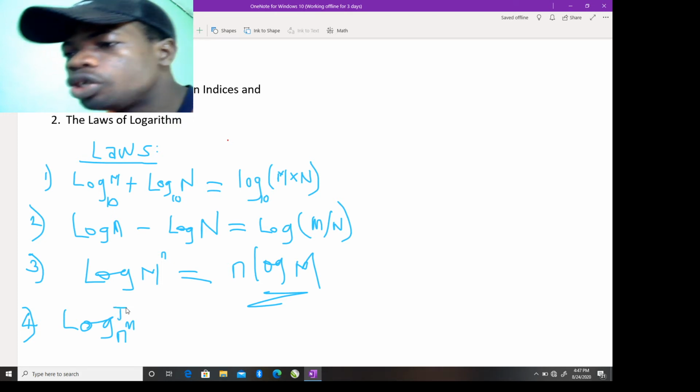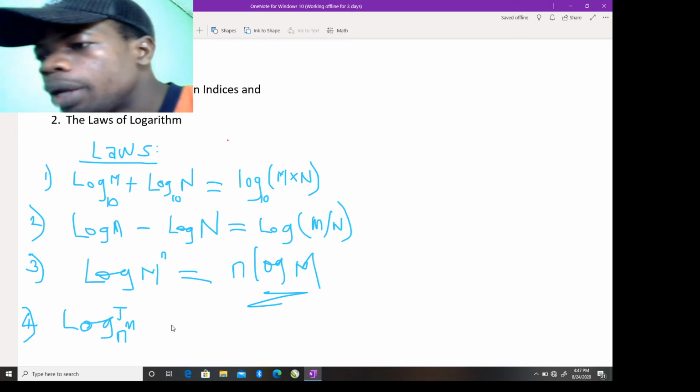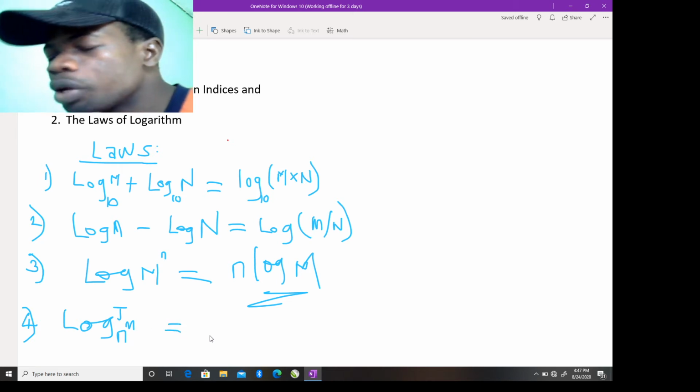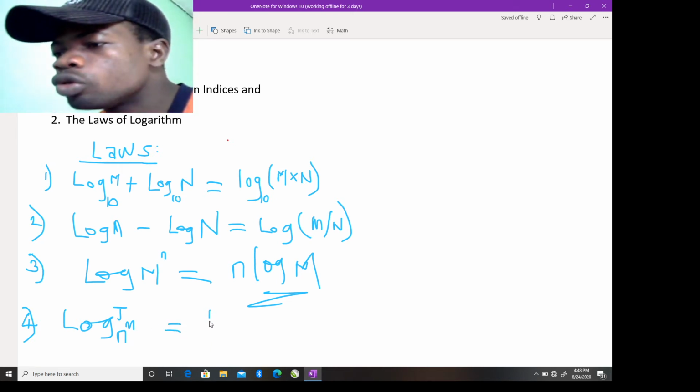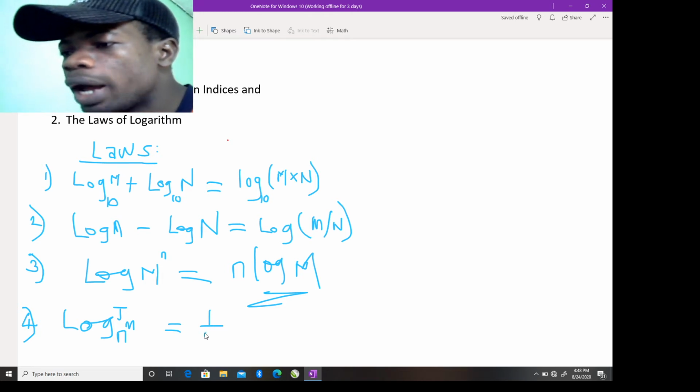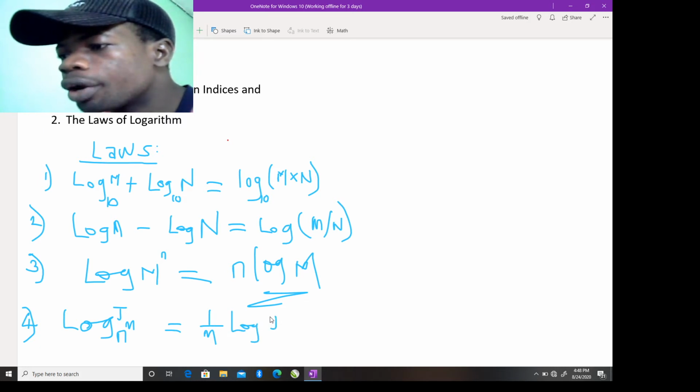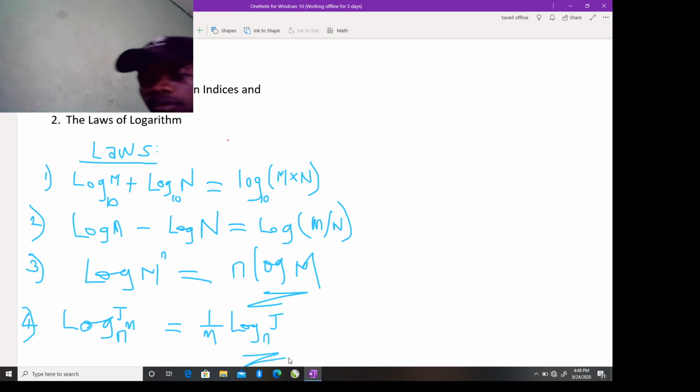The log is j, but the base is raised to power m. When you bring the power of the base to the back, you have 1 over m, then log j base n. Are you following this?